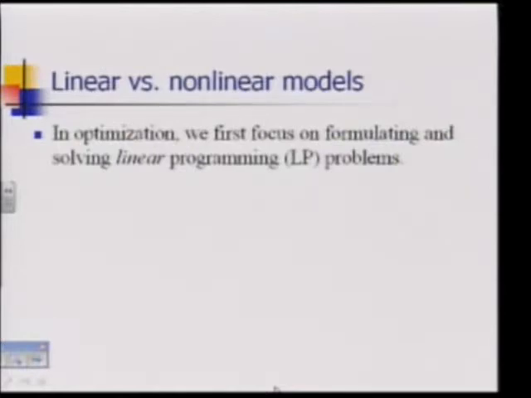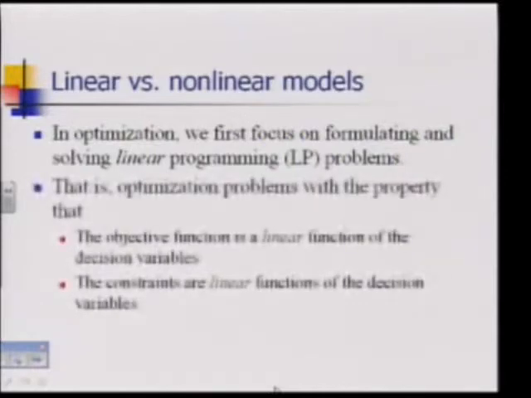So we can say, in general, a linear problem is relatively easy to attack, and non-linear problems are quite challenging. In optimization problems, we usually look at what? The objective function and constraints.